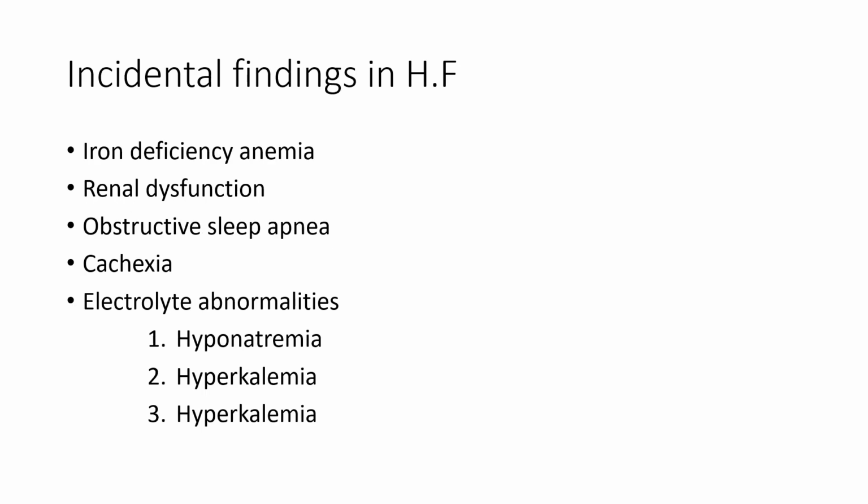What are some of the incidental findings in heart failure? Iron deficiency anemia is very common. Nowadays I see it commonly in people with heart failure. It's theorized to be caused by hepcidin in circulation. So read about iron deficiency anemia, know about it in people with heart failure and how to manage and at least help them.